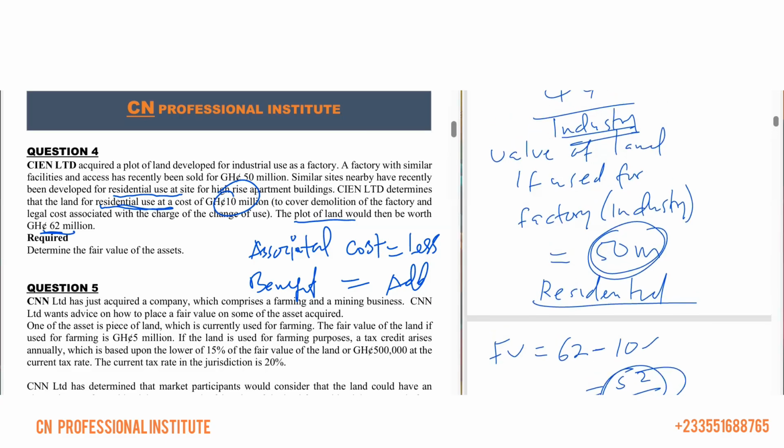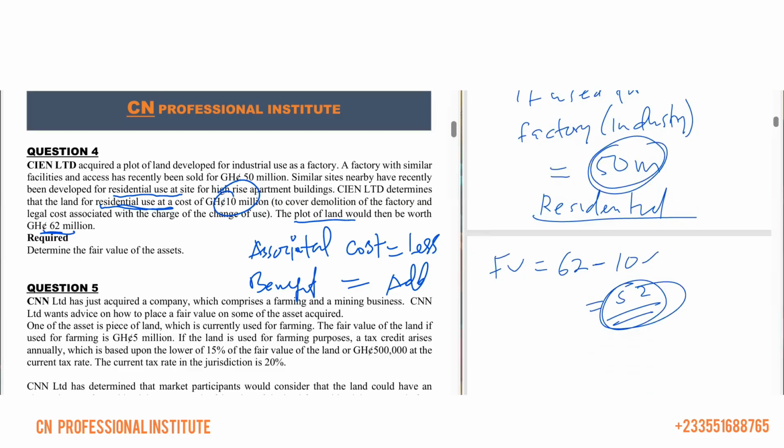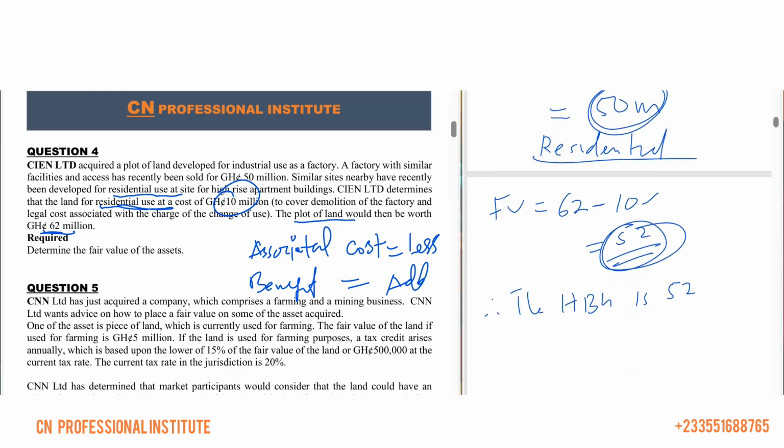So you see that for industrial use, 50 million. That's for factory. And then for residential, 52. So therefore, the highest and best use is 52 million, which is the residential use.